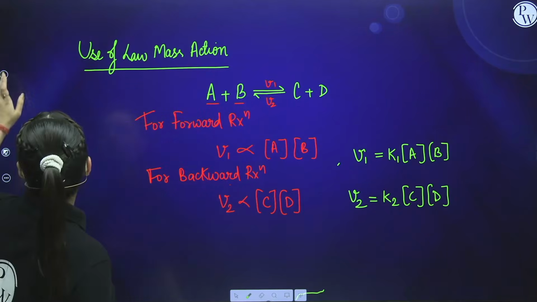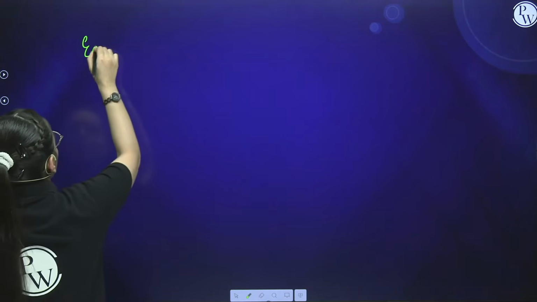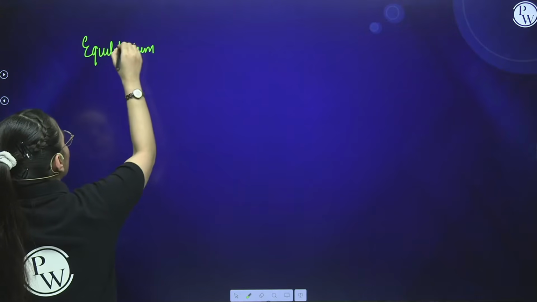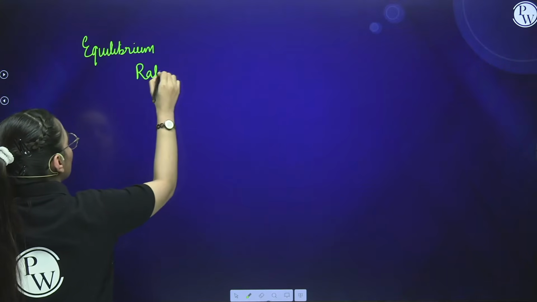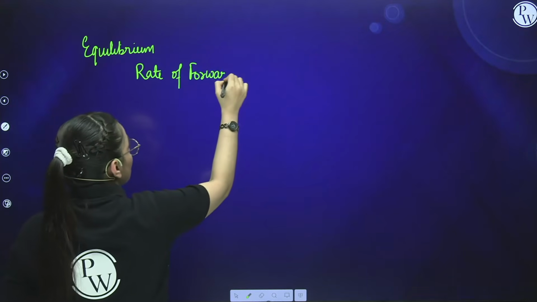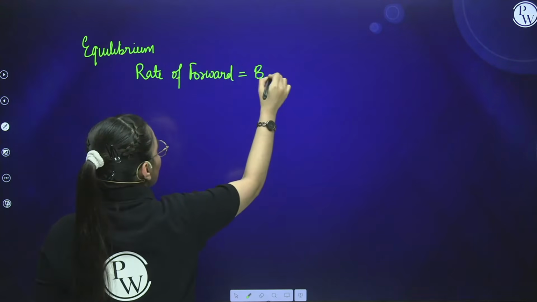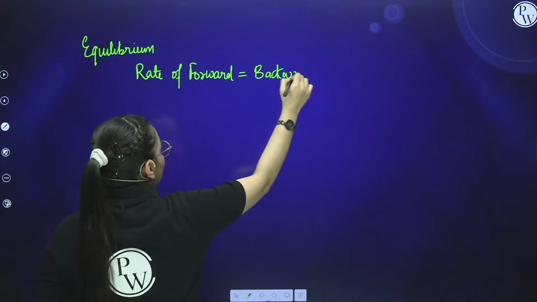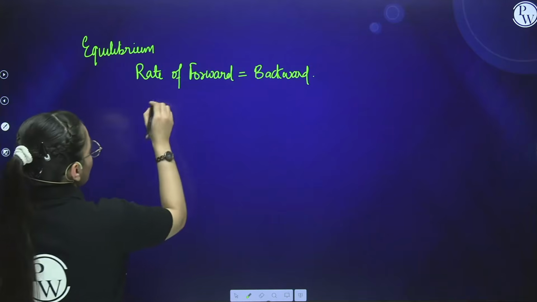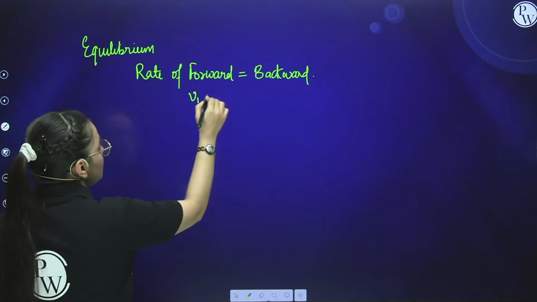Now, what is equilibrium? It is a state when the rate of the forward reaction is equivalent to the backward one. Now we have derived equations for both of these. Let us write them. For equilibrium, V1 is equivalent to V2.